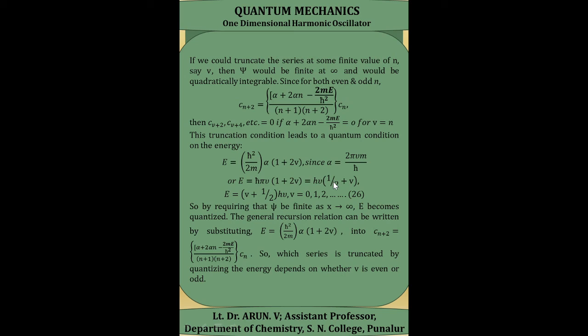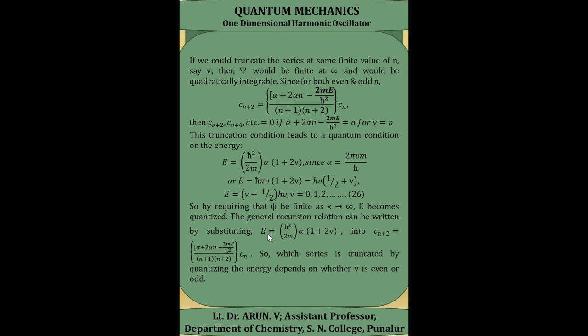This substitution we have done in the first stages of this derivation. Or the value of energy is equal to h-cross squared pi nu into (1 plus 2v). On simplifying this, we can write the value of energy in the case of the one-dimensional harmonic oscillator as E equals (v plus half) h nu, where the value of v is equal to 0, 1, 2, 3, etc. So by requiring that the wave function psi be finite as x tends to infinity, E becomes quantized.